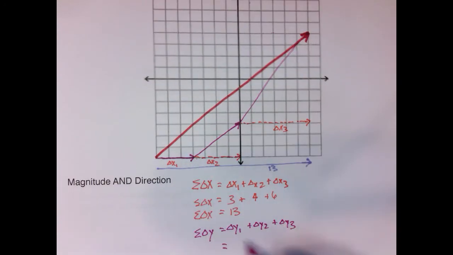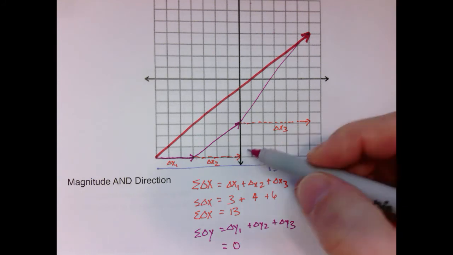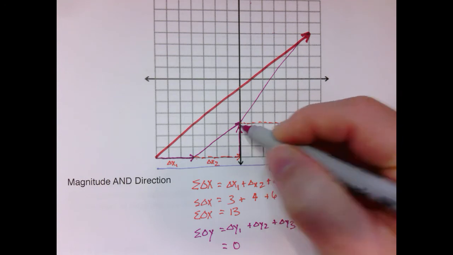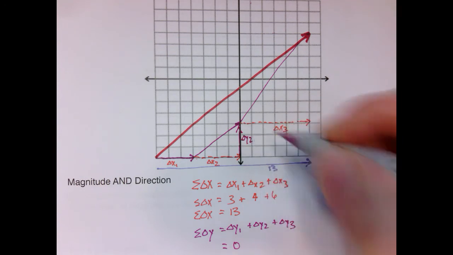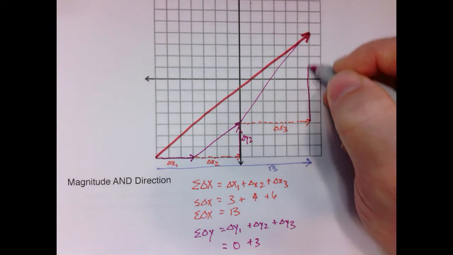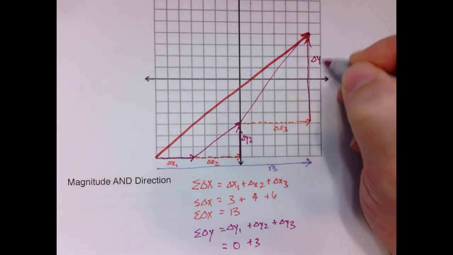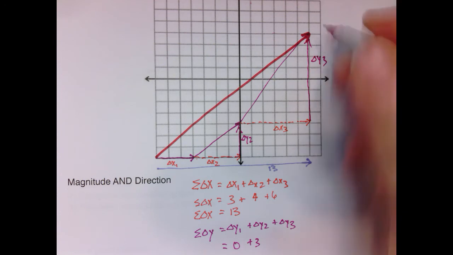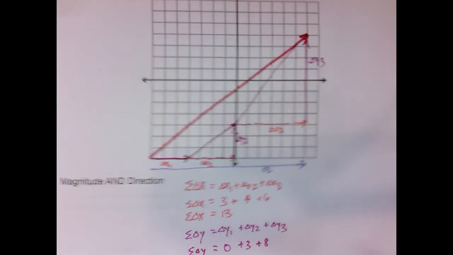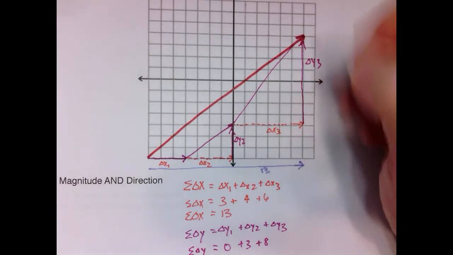There's no vertical, so that's 0. y2 has these components, 1, 2, 3, plus 3. And this delta y3 is 8. So that gives us 11. So the vertical is 11.